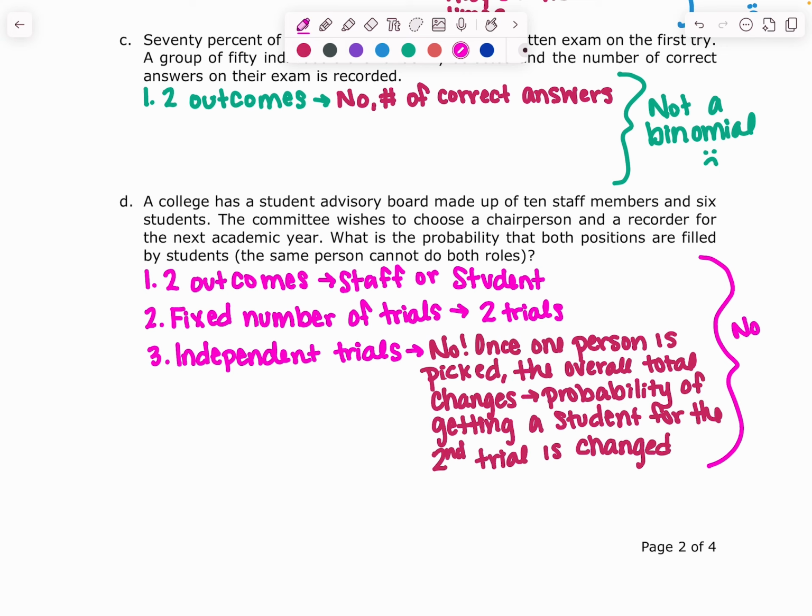So this is not a binomial. And we can shorthand binomial to binome, which we will be doing a lot. So there were some examples looking at whether or not scenarios were binomial distributions based on the 3 requirements for a binomial.